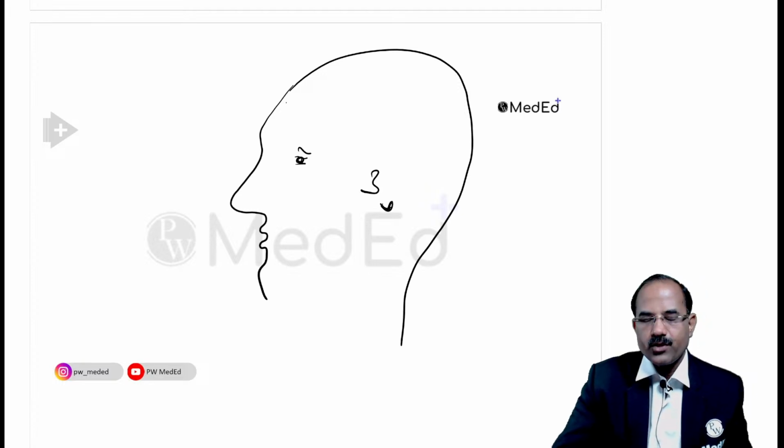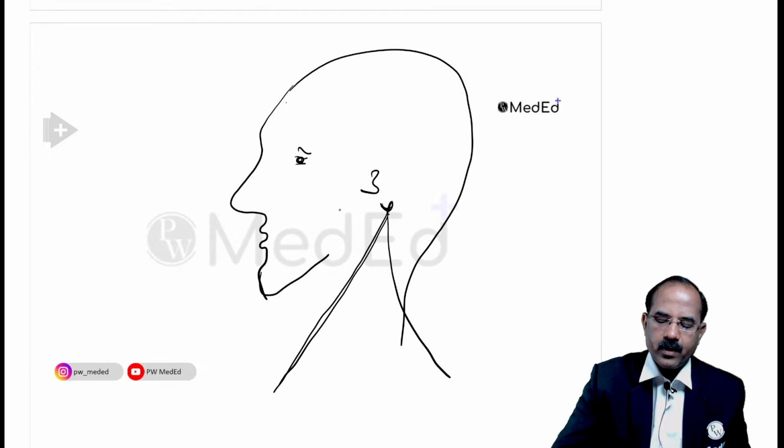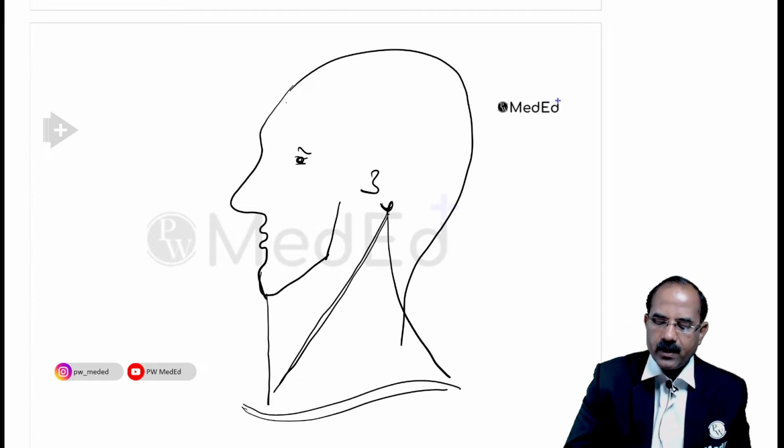That's the mastoid process. What is this muscle, students? Sternocleidomastoid. And what is behind it? Trapezius. That's the body. That's the ramus of the mandible. This is the midline of the neck. This is the clavicle here.